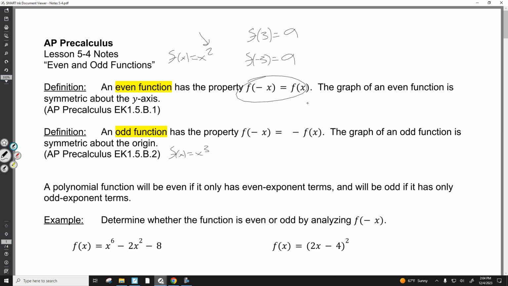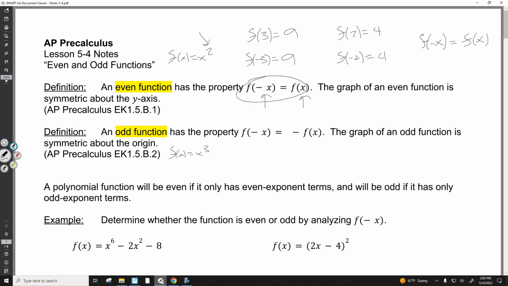If you plug in an opposite value, you get the same as a positive value. Plug in 2, you get 4. Plug in -2, you get 4. Plug in a negative x, you get the same as what you plug in a positive x. That's what it means to be an even function.